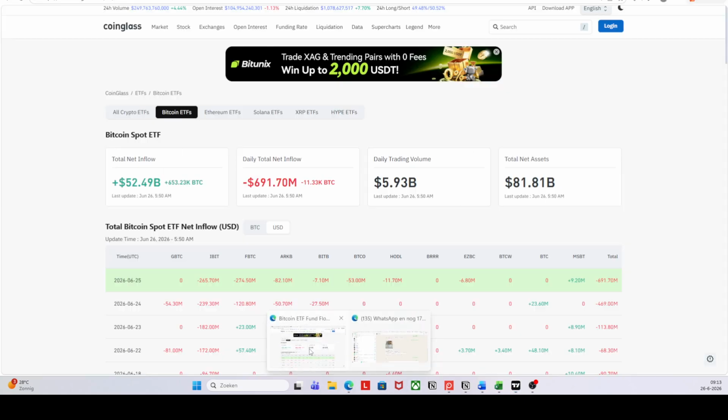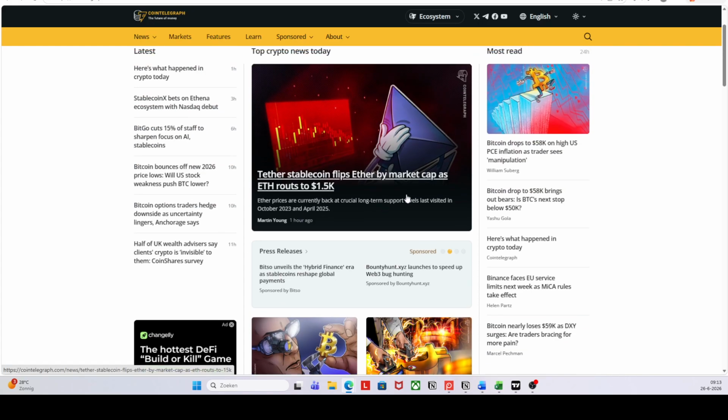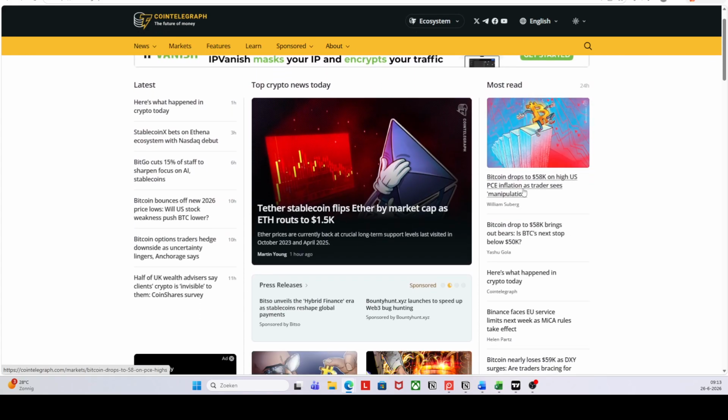When we look at the news of the day, it's not that much. Ether is really dropping, which is not great for the crypto market overall, but for people that are only in Bitcoin, it's not that bad. But yeah, we are just in a bear market, and that's okay.